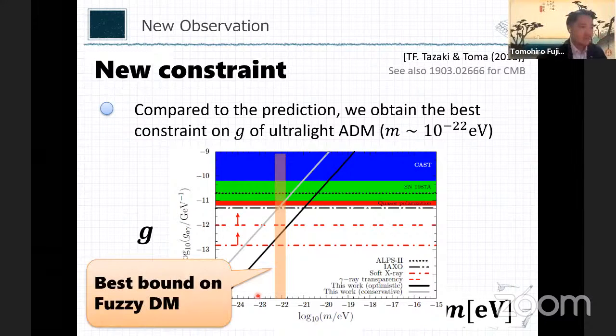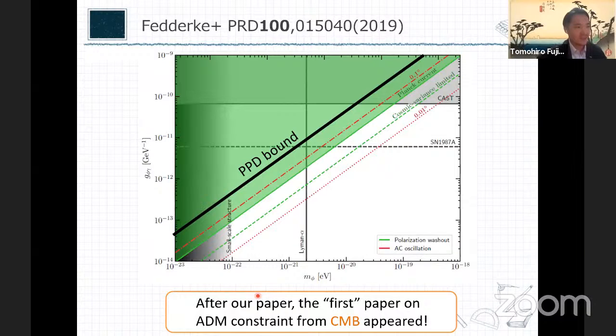Okay, but before that, I should mention that a couple of months after our paper, another paper appeared, Federici et al., and they used a very different phenomenon. They used the CMB data, and they put another bound on axion-like dark matter. Again, the x-axis is mass and the y-axis is coupling constant.